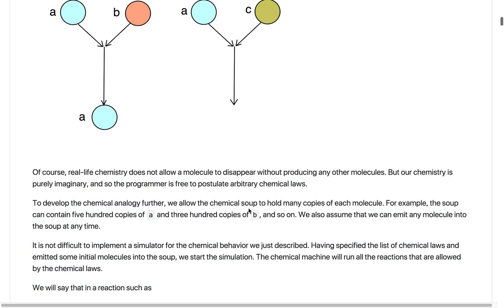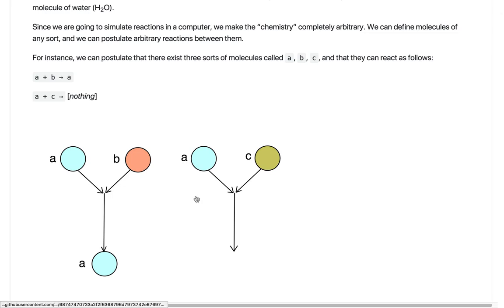So let's imagine that we implemented a simulator for such behavior, and we allow the programmer to define arbitrary molecules, arbitrary reactions between them, and to specify what are the initial molecules that are present at the reaction site, so to speak.